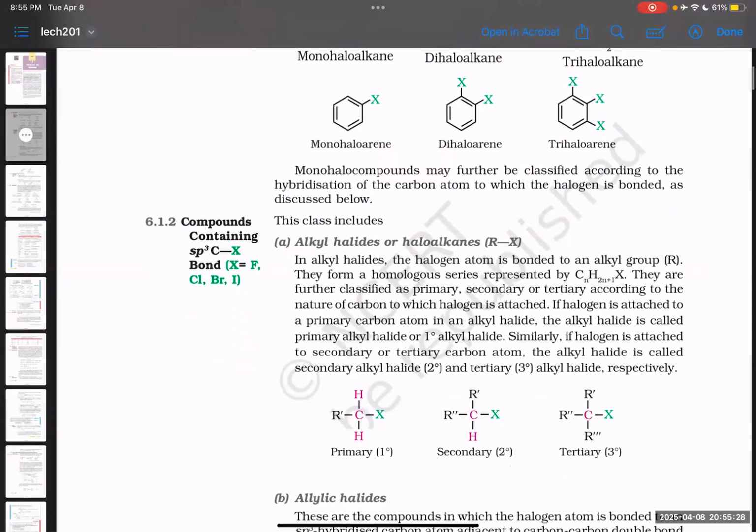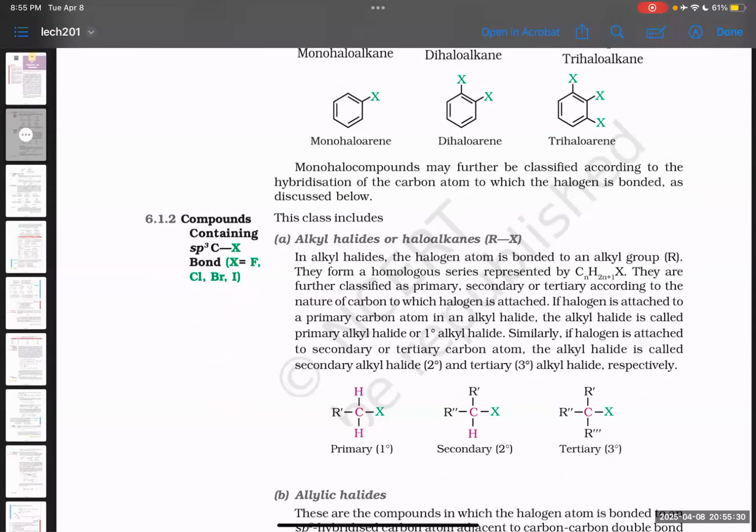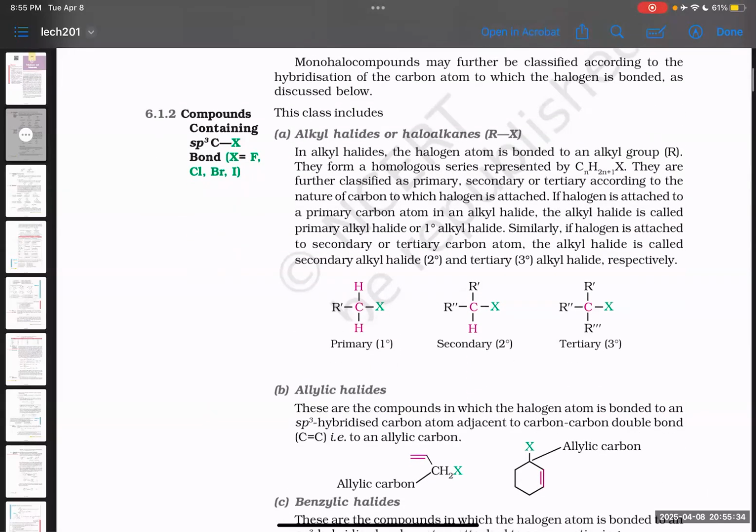A classification on the basis of type of halide: chloroalkane, bromoalkane, iodoalkane. Classification on the basis of type of carbon atom: primary, secondary, tertiary. We have seen primary connected to 1 carbon, secondary connected to 2 carbon. What is this R? Can you tell me what this R is? It's a carbon group.